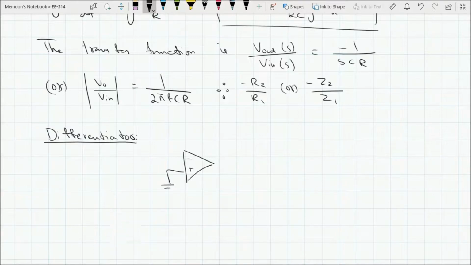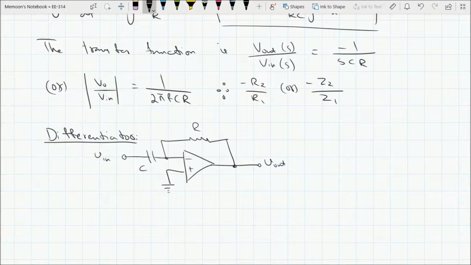It is also an inverting amplifier, but different from the integrator in that the capacitor and the resistor have interchanged positions. The capacitor is now at the input and the resistor is at the output. Just by visualizing it, you can see that the effect would be opposite.